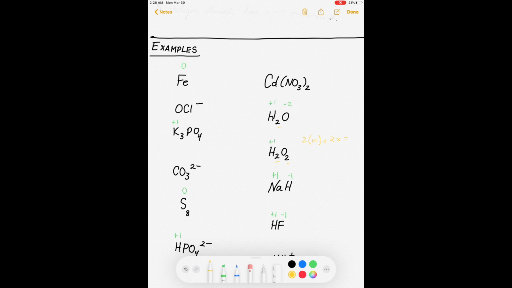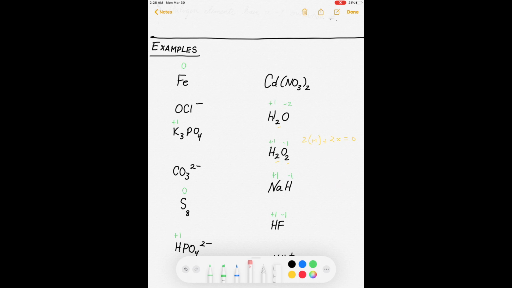That's got to equal the sum of the charge of H2O2, which is 0. And so obviously we have 2 plus 2x equals 0. So subtract 2 from both sides, you get 2x is equal to -2. Divide both sides by 2, you get x is equal to -1. And so students, now we know that oxygen here is -1.